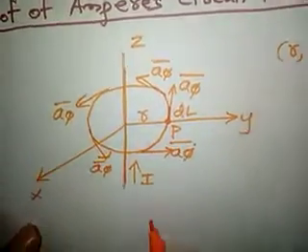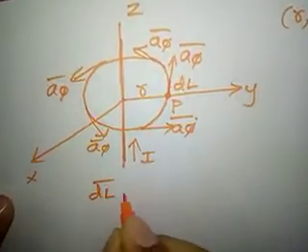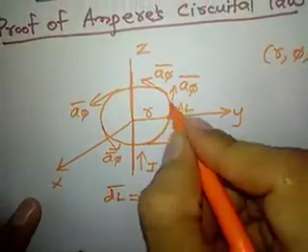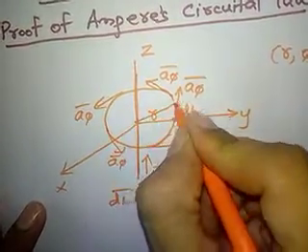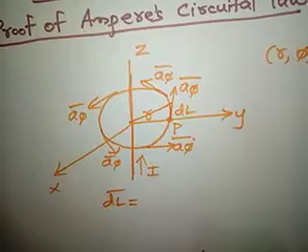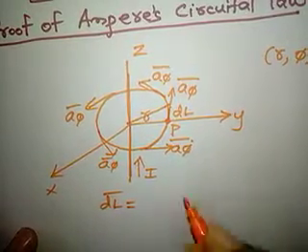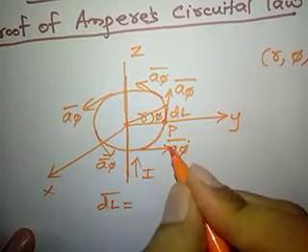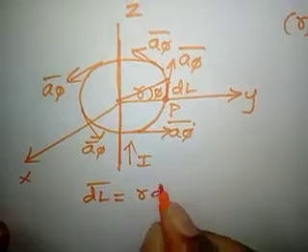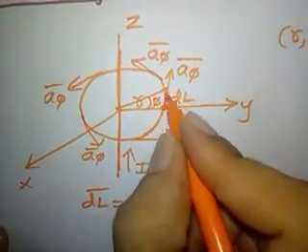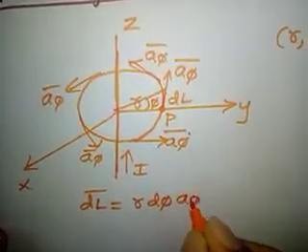Now what will be dl bar? Suppose I want this elementary length dl bar. This is how I am drawing the radius here, which is connecting the other end of dl, right? This is angle phi. So I have dl equal to r into d phi, a small angle, r d phi a phi bar.